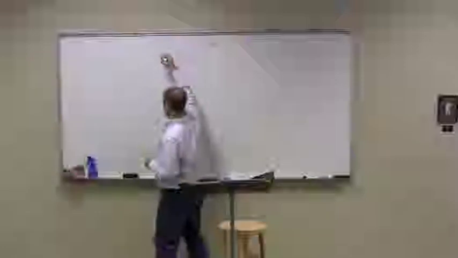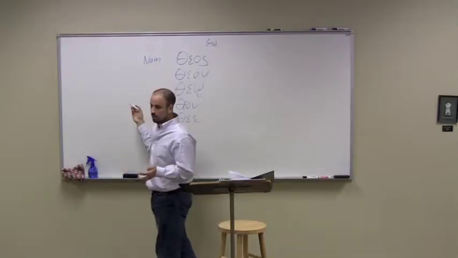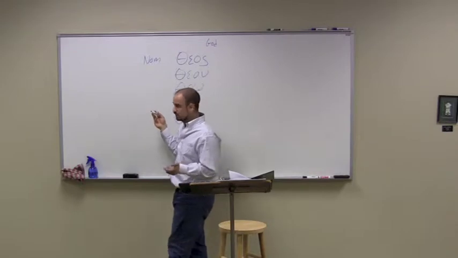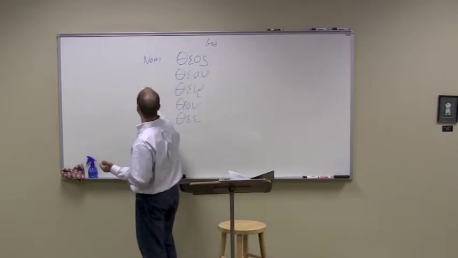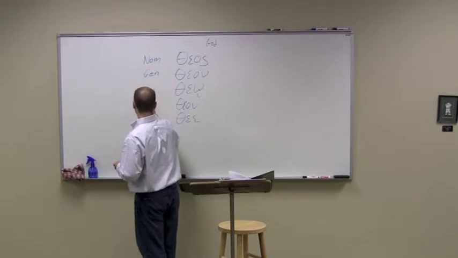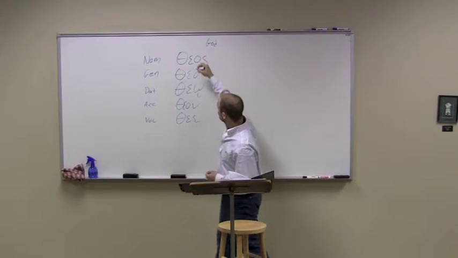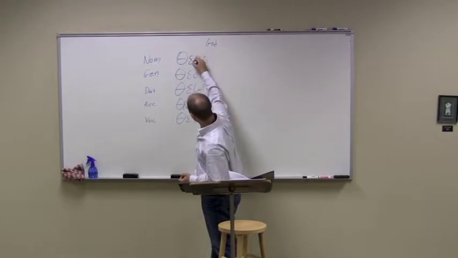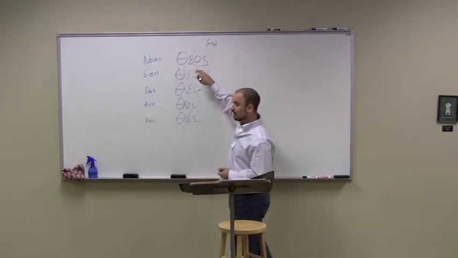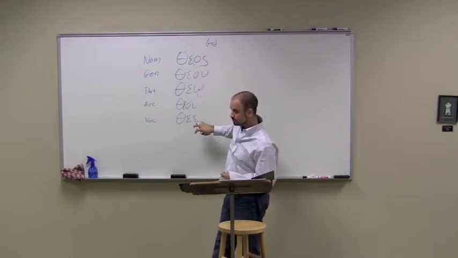Here's what's going to freak you out a little bit, unless you've had Latin, for instance, or even German. Nominative, genitive, dative, accusative, and vocative. Your base word is theos, and then on top of theos, you have endings that are being added.